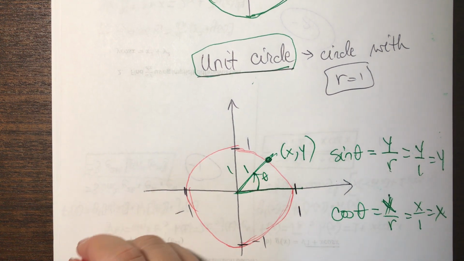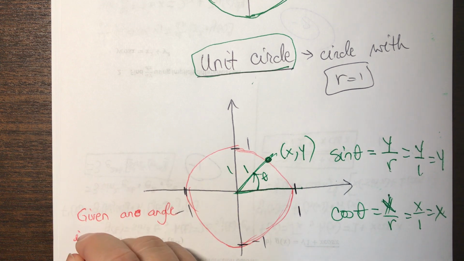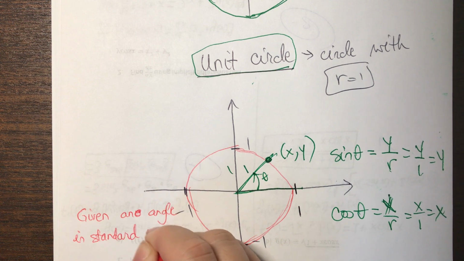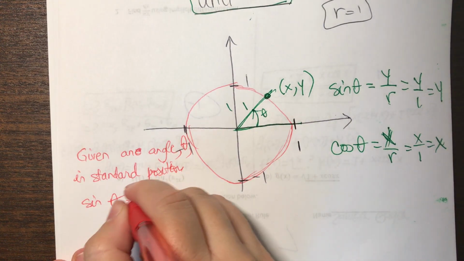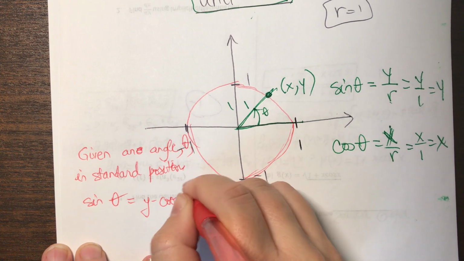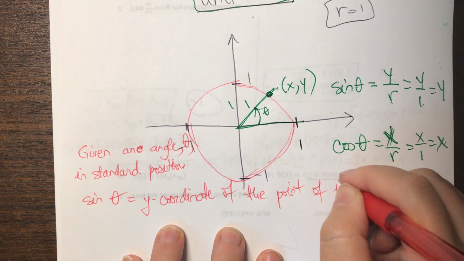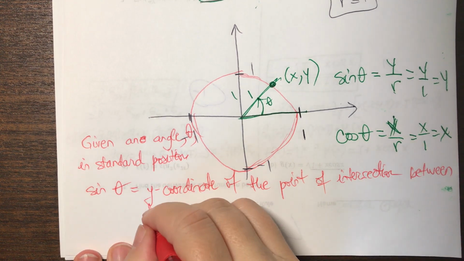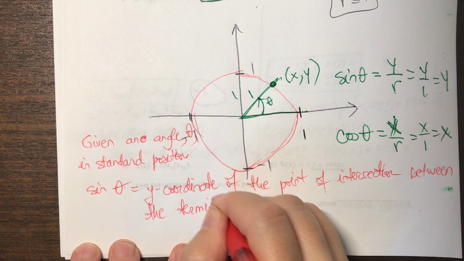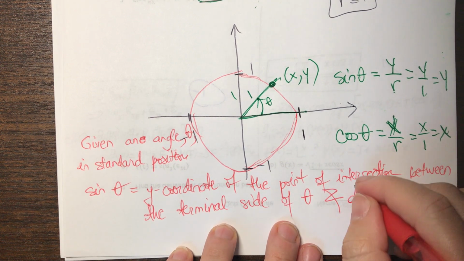Given an angle in standard position, the sine value of this angle, let's call it theta, is going to equal the y coordinate of the point of intersection between the terminal side of theta and the unit circle, or I should say the unit circle.